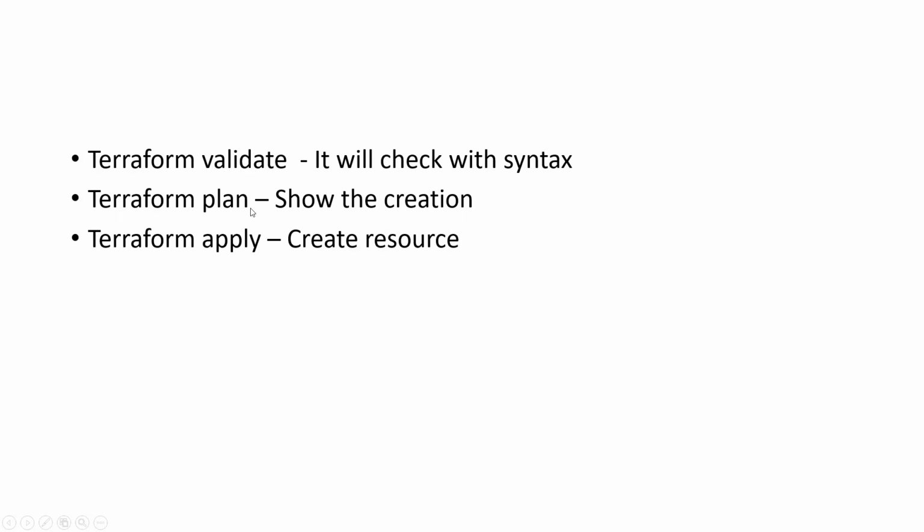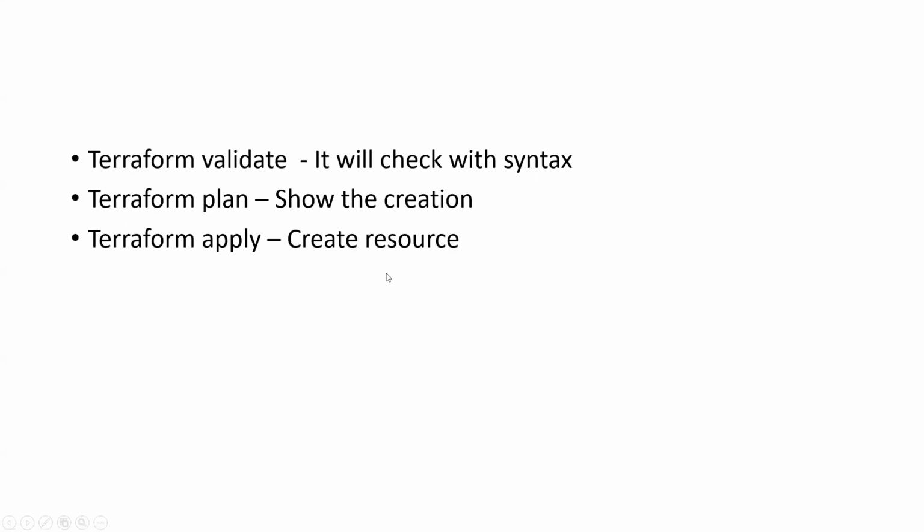Next, terraform plan. You will mention those resource details, what you are going to provision or configure. Once you give terraform plan, it will show what resources are going to be created, and in terraform apply, it will finally create those resources in your provider, based on which one you are using.